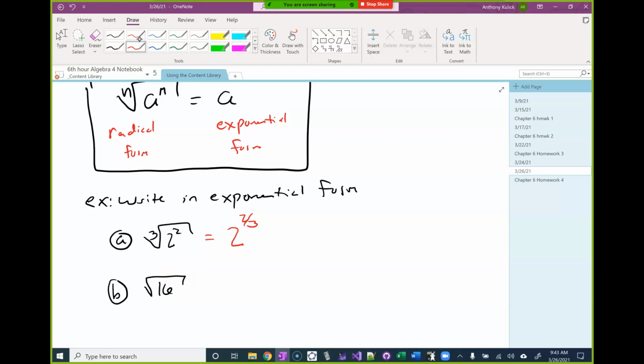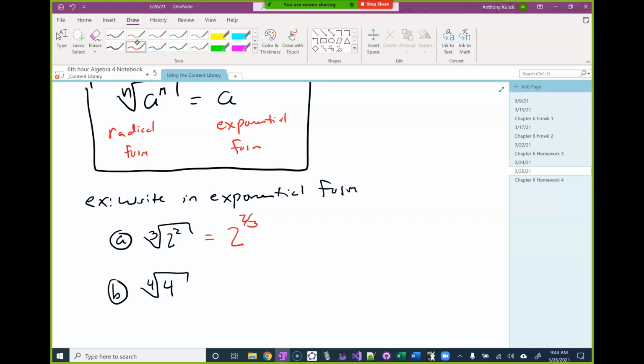Say we have the 4th root of 4. This one's a little bit different than the previous problem, because you'll notice that 4 is not a prime, right?